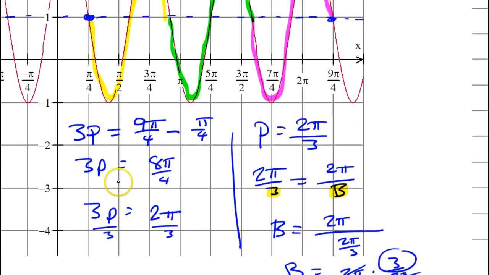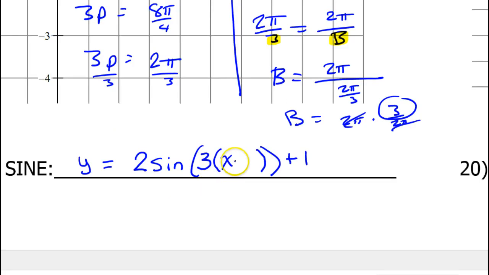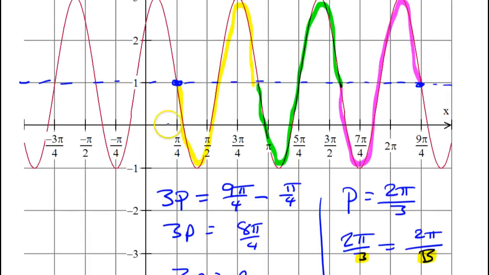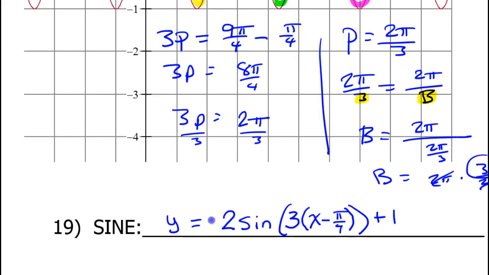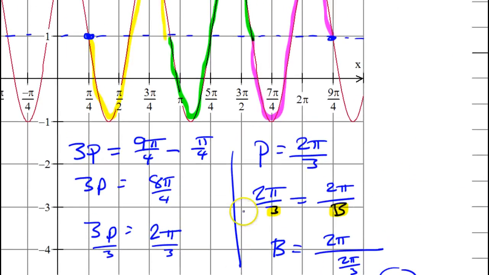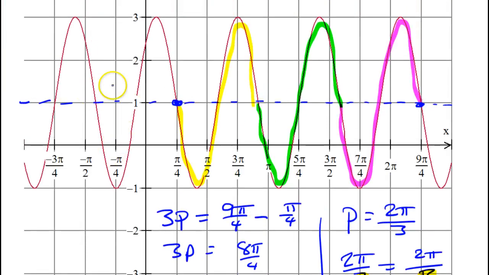So I will use that as my phase shift. So that means x minus pi over 4 would be right here. Because this is an upside down period that I'm using, I would need a negative sign to show the reflection over the y-axis.